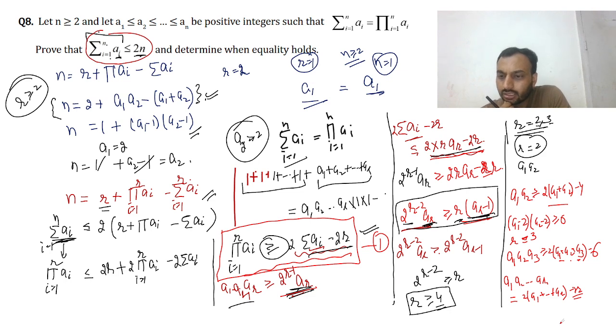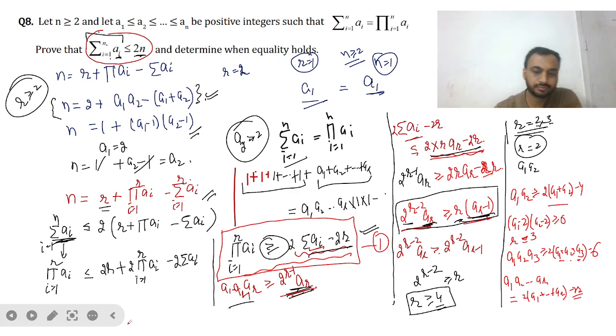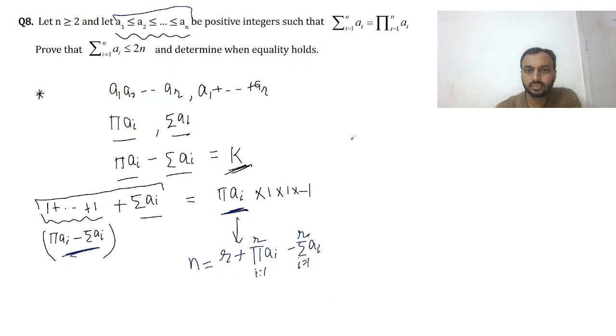So to simplify things, if we use r equal to 2, I can say a1 a2 is equal to twice of (a1 plus a2) minus 4.